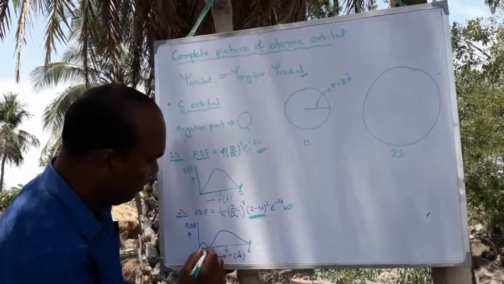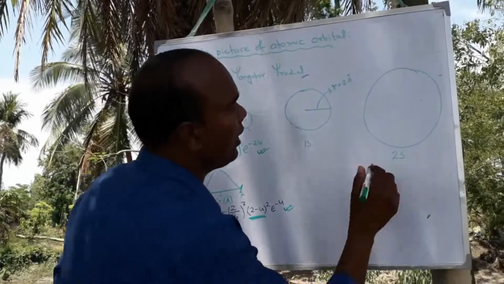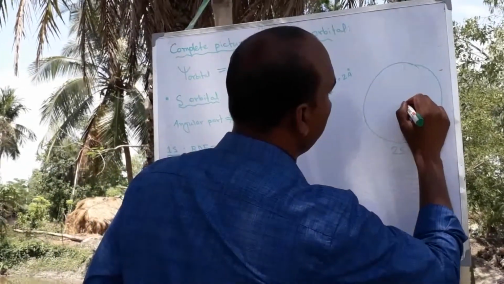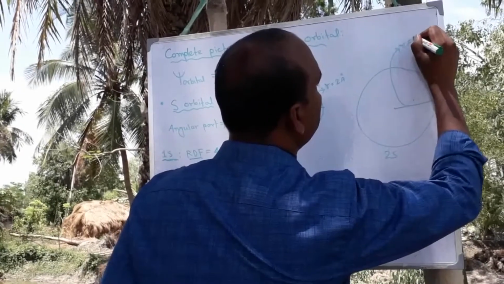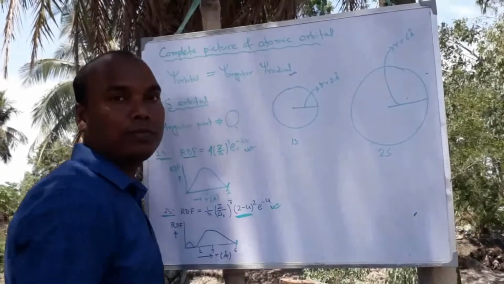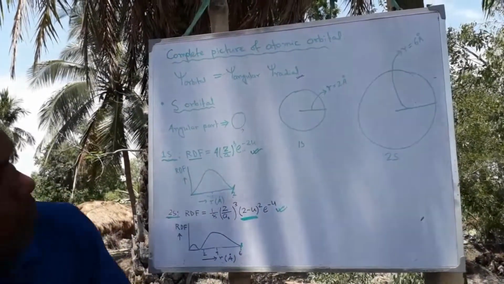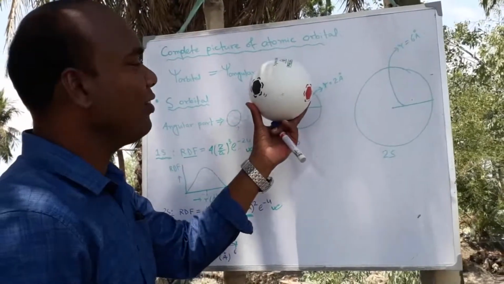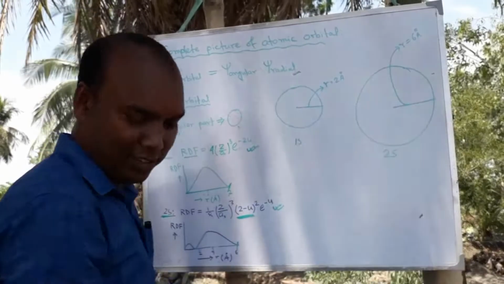Here the electron is spread up to 6 angstrom, so the radius for the 2s orbital will be 6 angstrom. See the difference. This is your 1s orbital and this is your 2s orbital.